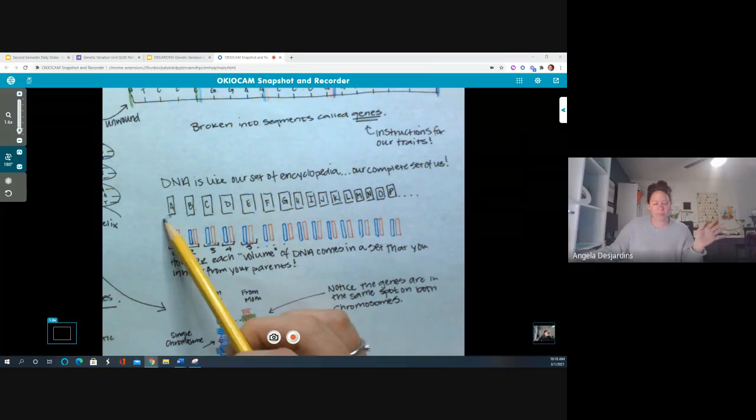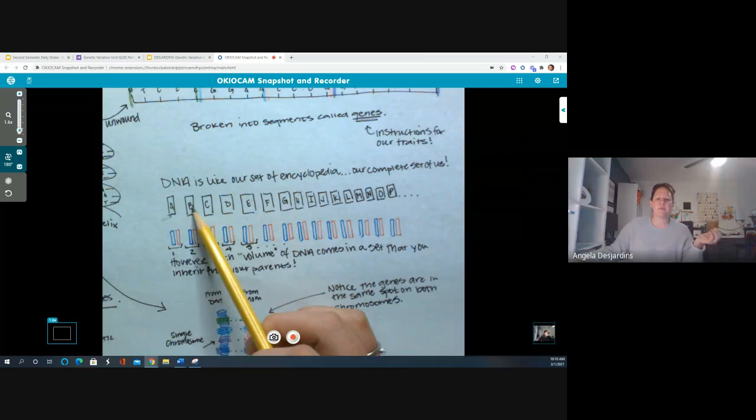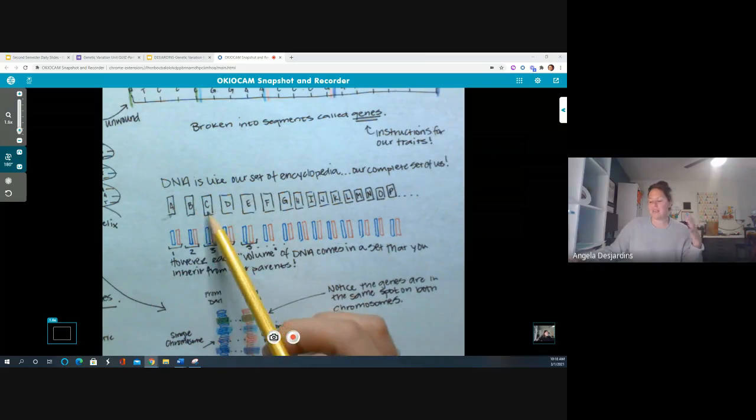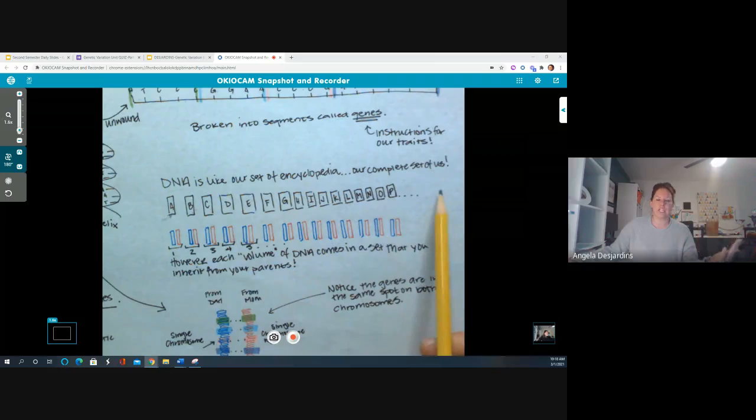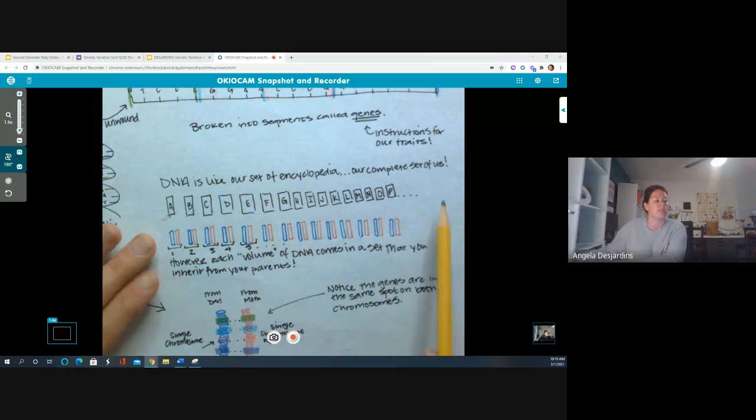Then the next book would be all the things that start with the letter B, and then C, and so on for each letter of the alphabet. So it was complete knowledge, all of our knowledge organized into these books.